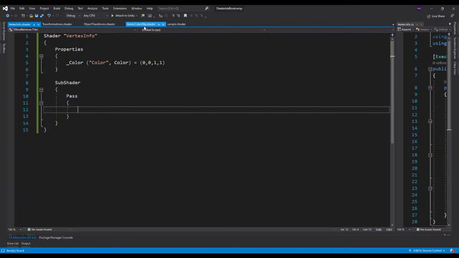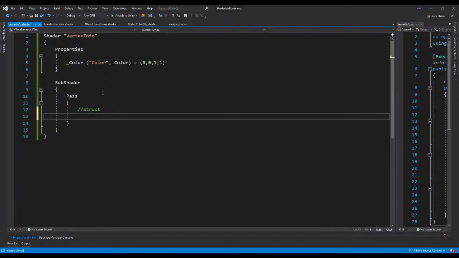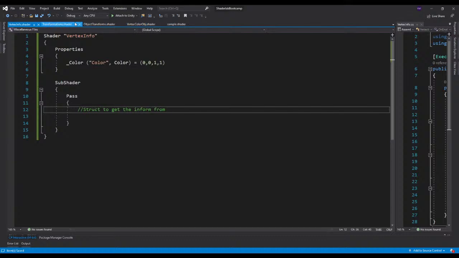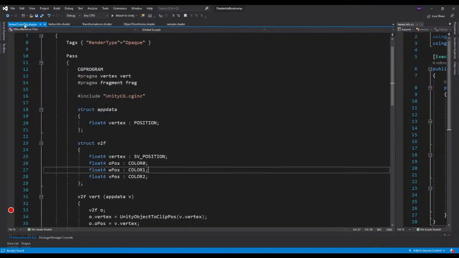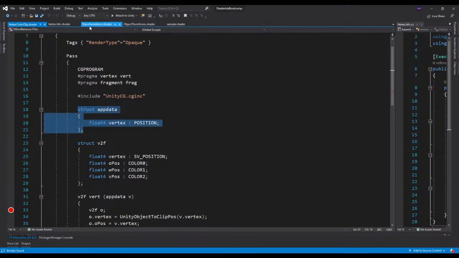All right, perfect. So what I'm going to do is here we need a couple of structures. So basically we need a structure to get the information from the mesh builder. Remember the mesh builder, right? So from there, we just need to get that information. If you see here, we already have the structure present.